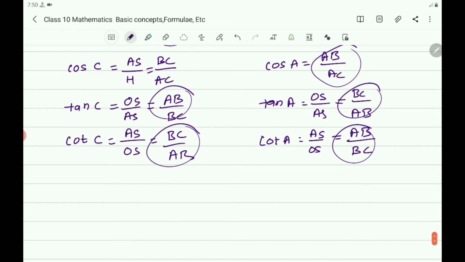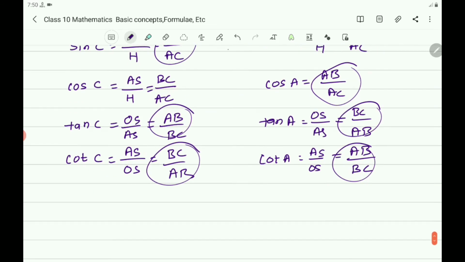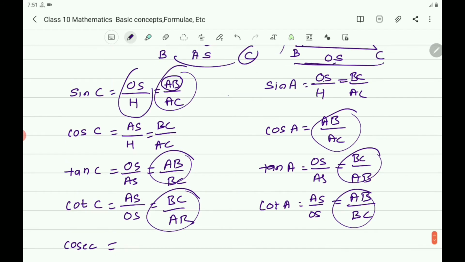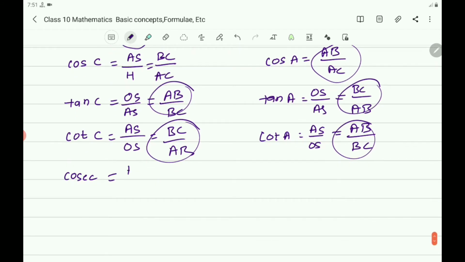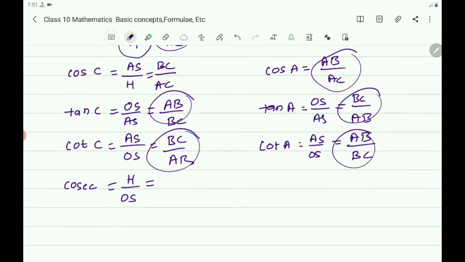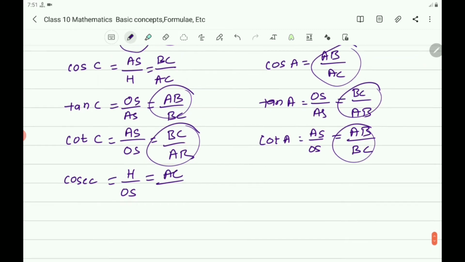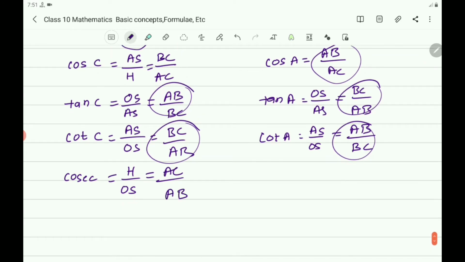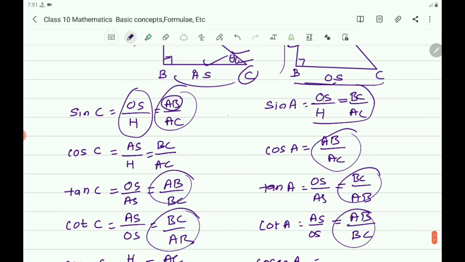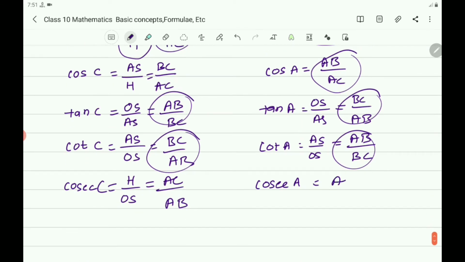Similarly, you take the next ratio, cosec. Cosec is the reciprocal of sine. That is hypotenuse by opposite side. That is the reciprocal, meaning AC by AB, cosec C, and here cosec A. Cosec A is the reciprocal of this one, that is AC by BC.